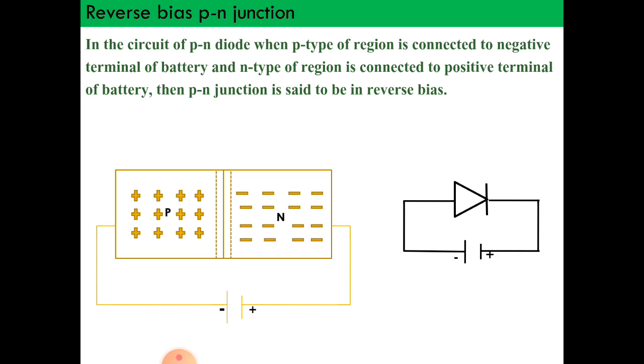In this figure, the P-type region is connected to the negative terminal of the battery and the N-type region is connected to the positive terminal of the battery. This is the symbolic representation of the reverse bias PN junction in the circuit diagram.